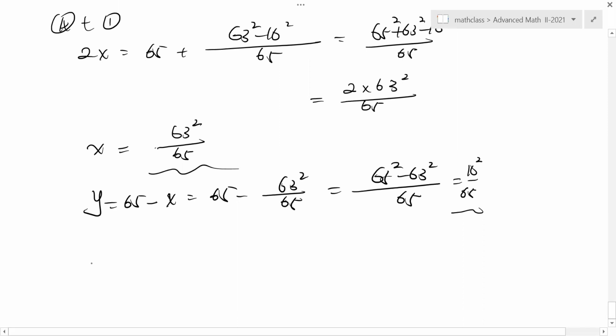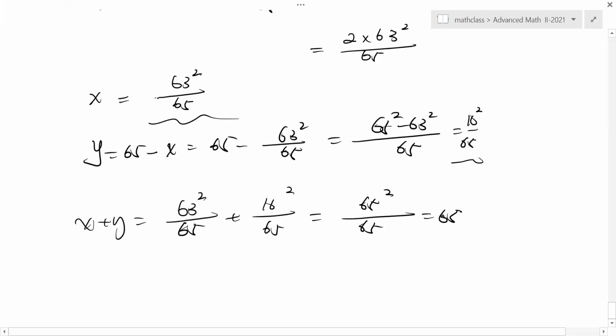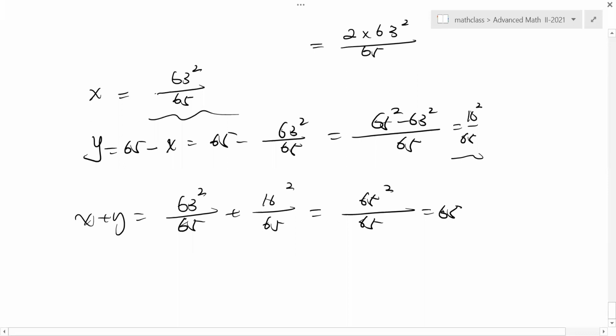Add them together, you get 65. Double check that: X plus Y is going to be 63 squared over 65 plus 16 squared over 65. Add them together will be 65 squared over 65, and that's just 65. All right, so you can use one of these to get H.